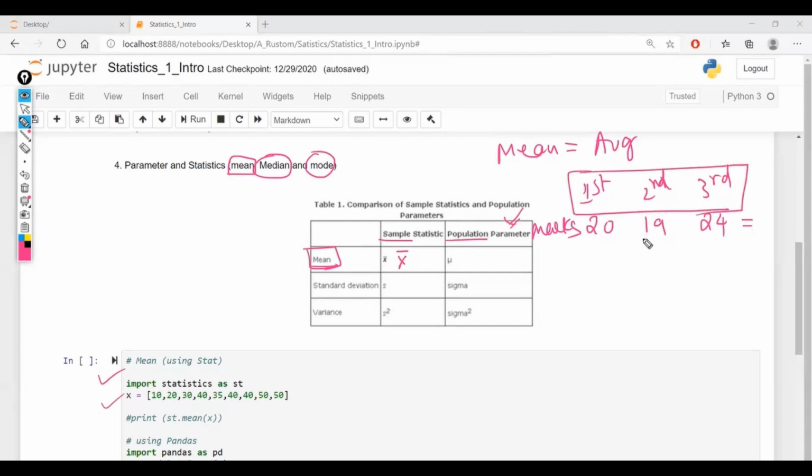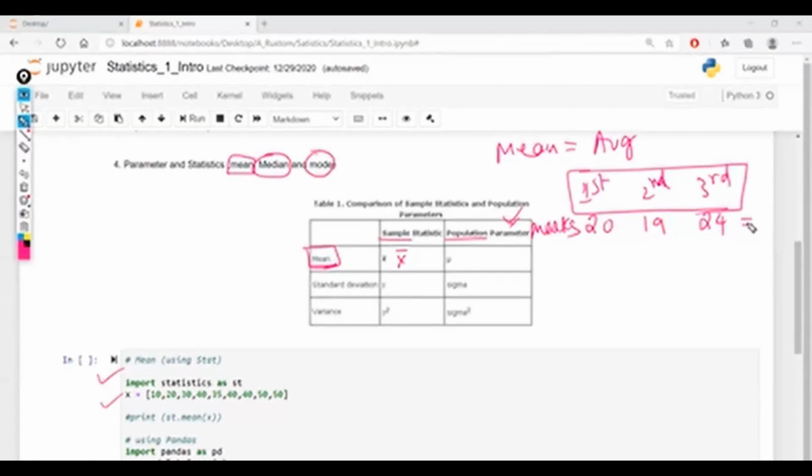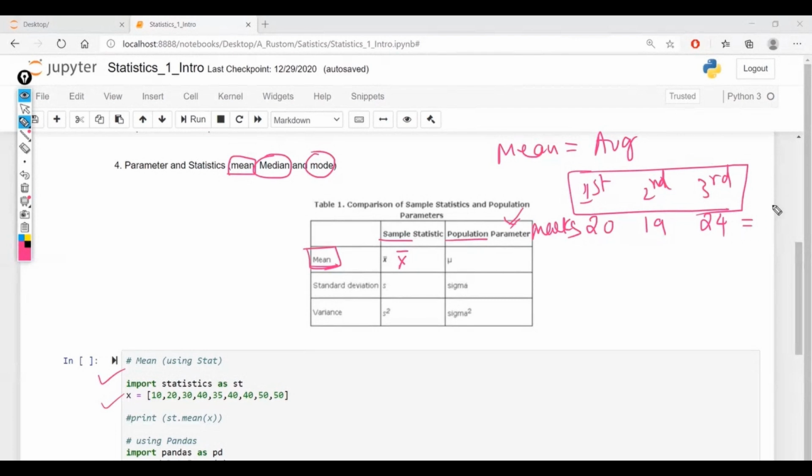Whenever you get your certificate or mark sheet, you will see the unit test scores separate and the main exam marks separate. So out of 25, how are they going to give it?